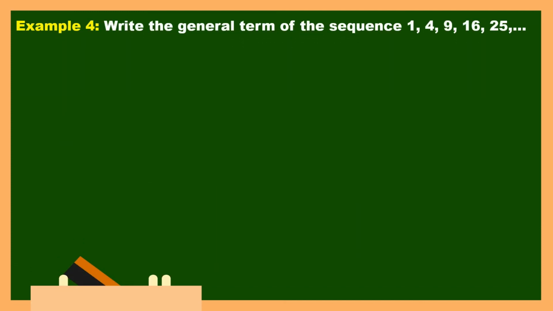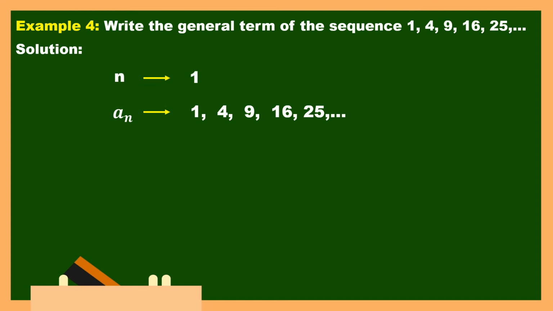Let's have another example. Write the general term of the sequence 1, 4, 9, 16, 25, and so on. Our a sub n here is the sequence na 1, 4, 9, 16, and 25. At ang n naman is the number of terms which is 1, 2, 3, 4, 5.